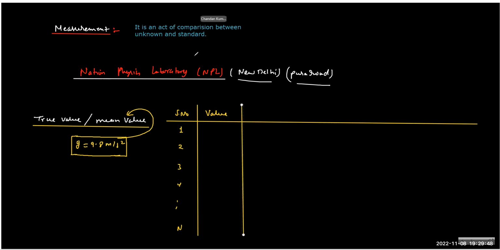Let's say you're trying to measure some physical quantity, let's call it X. In the first trial, you got the answer X1, but in the next trial, you got X2, which may be the same as X1, may be different. In the next trial, you got X3, then X4, and so on. In the nth trial, you got Xn. So what is the true value here? It is the average of all trial values. This is called the true value.